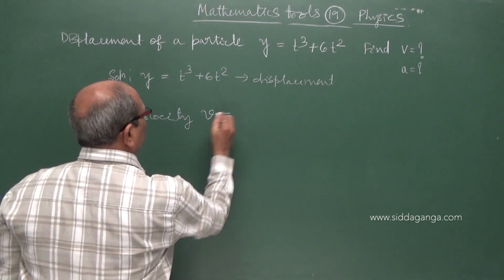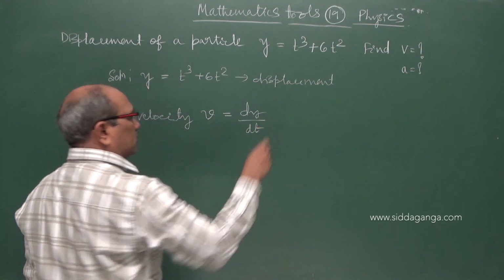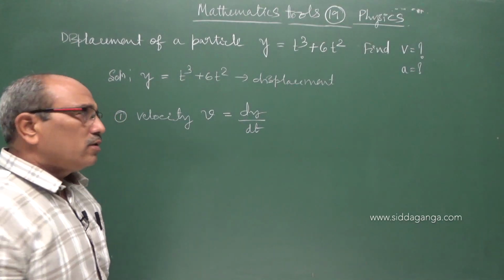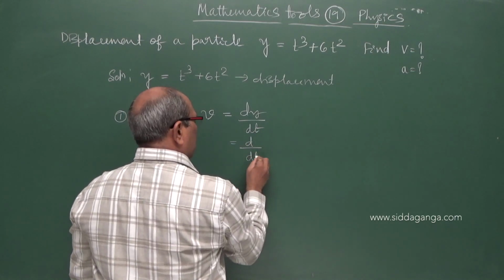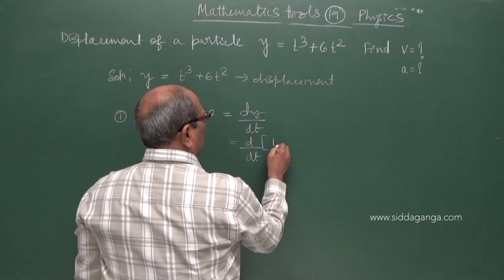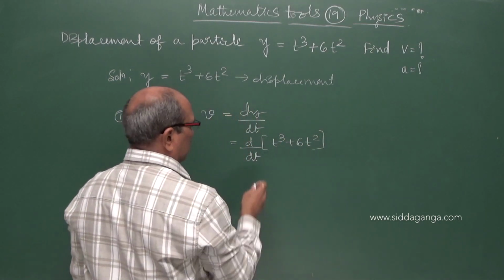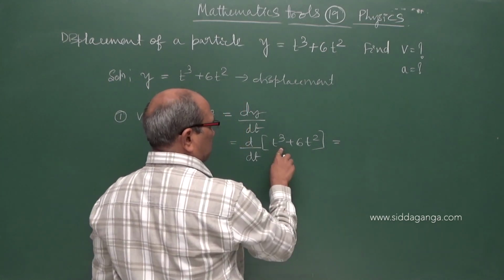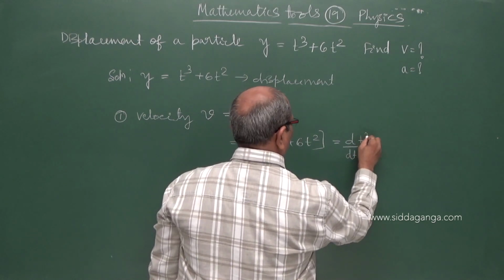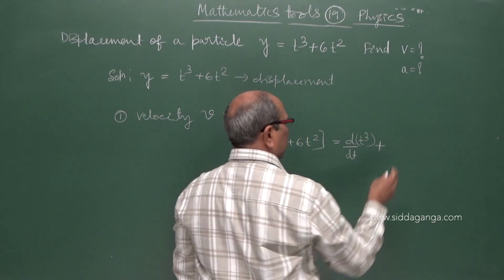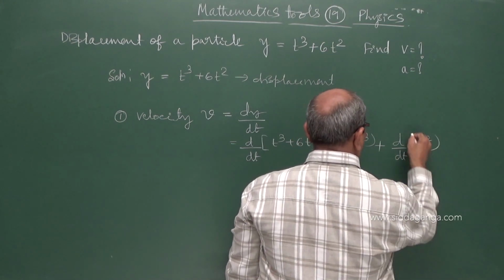Velocity is the first order derivative of displacement with respect to time. So if you take d by dt of t cube plus 6t square, this can be taken separately as u plus v, the formula given to you: d by dt of t cube plus d by dt of 6t square.